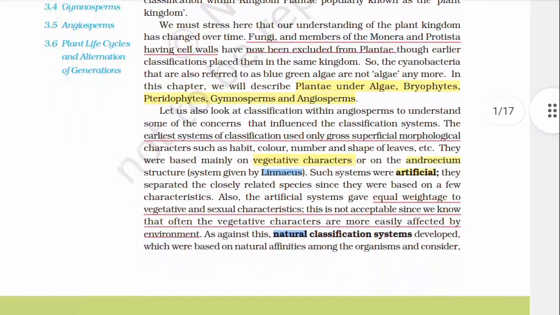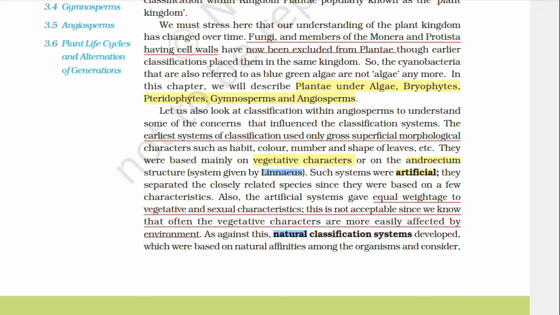Okay. In this part, we are going to see different systems of classification. The first one was the artificial system of classification that was given by Linnaeus, and it was based on morphological, vegetative and sexual characters. So you see, vegetative characters and sexual characters were given equal weightage.